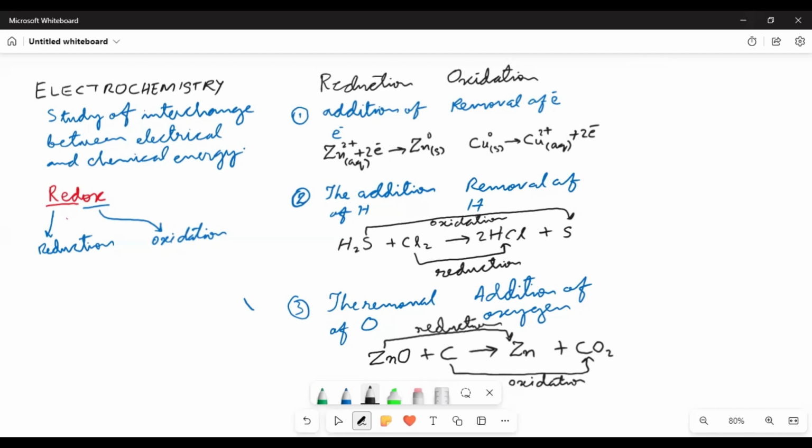So these are the three definitions, but we can define oxidation and reduction in one more way. Let me show it.